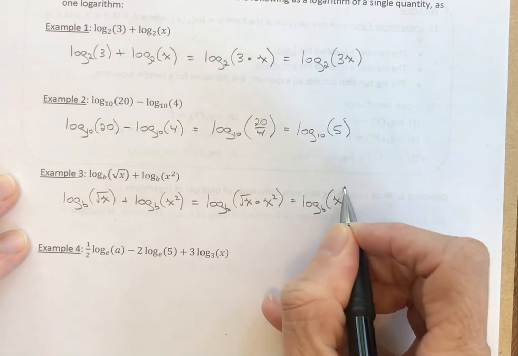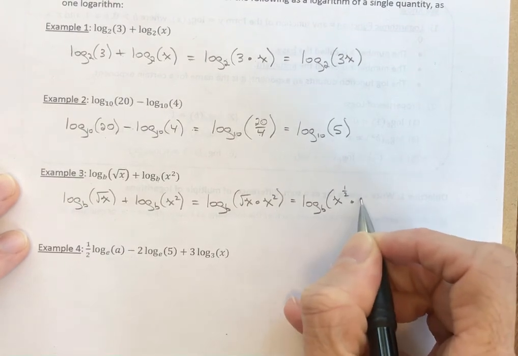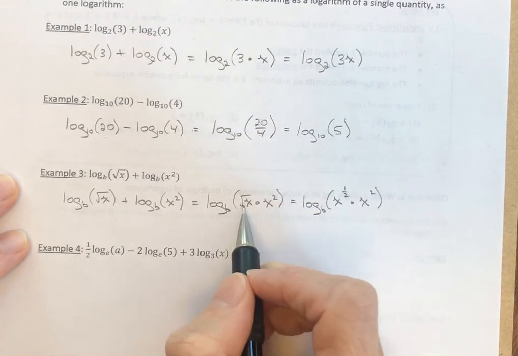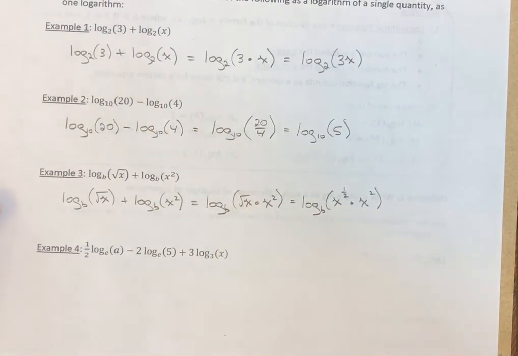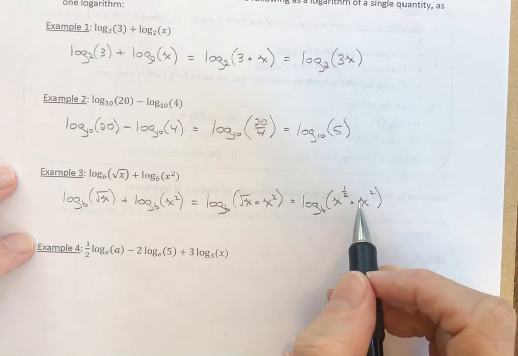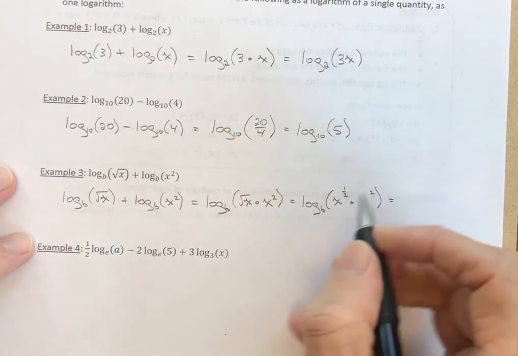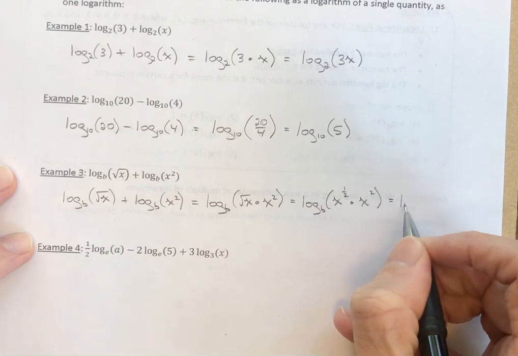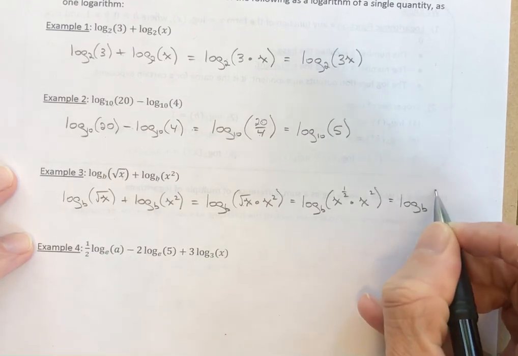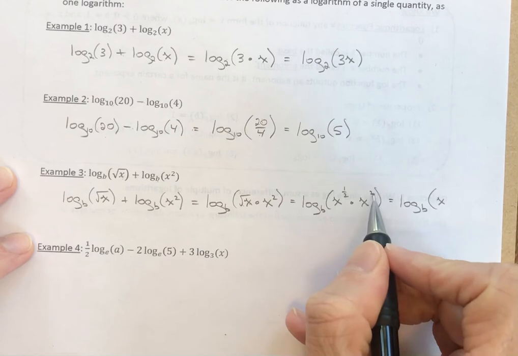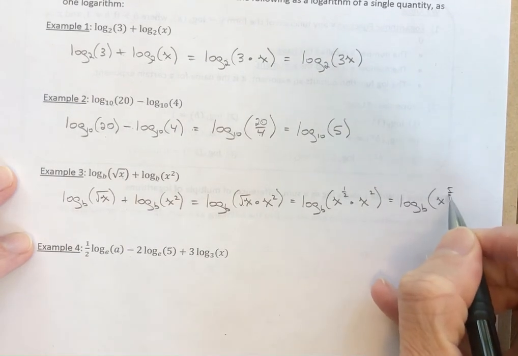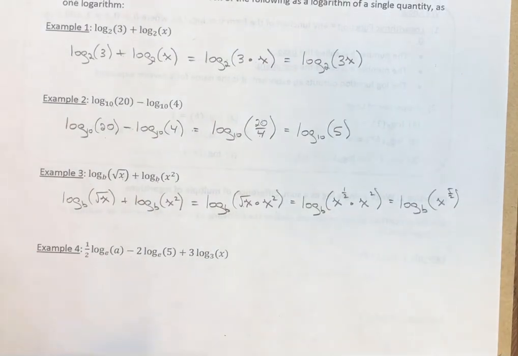So this is x to the 1/2 times x squared. And now when I have the same base, I add the exponents. So this is the log base b of x to the, let's see, 2 is 4 halves, 4 plus 1 is 5, so 5 halves. And there you have that one.